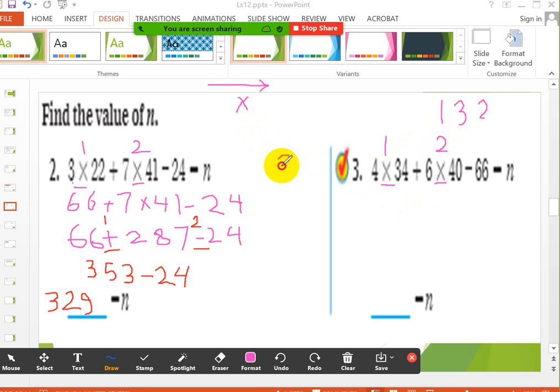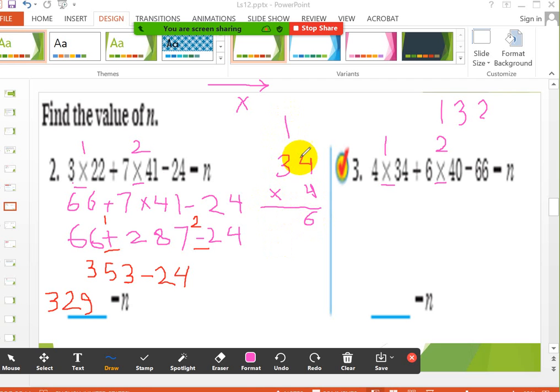Let's do the first one. 4 multiply 34. 34 multiply 4. Let's find the answer, girls. 4 multiply 4 equals what? 4 multiply 4 equals 16. I can't write 16 here, so I will write 6 here and 1 above the tens. 4 multiply 3 equals what?